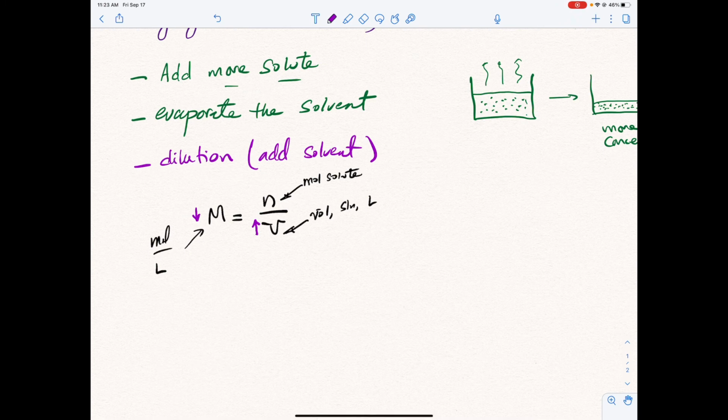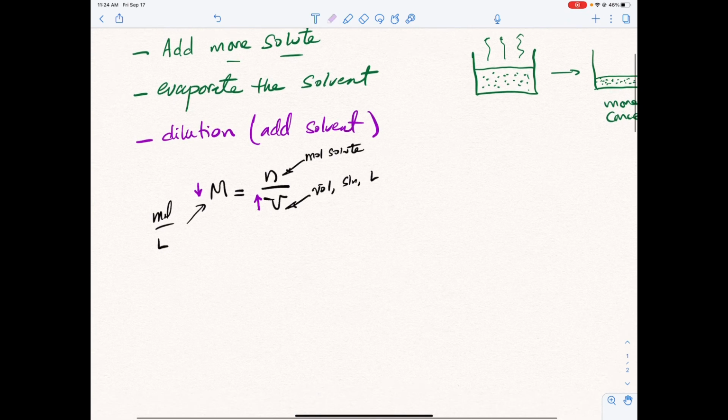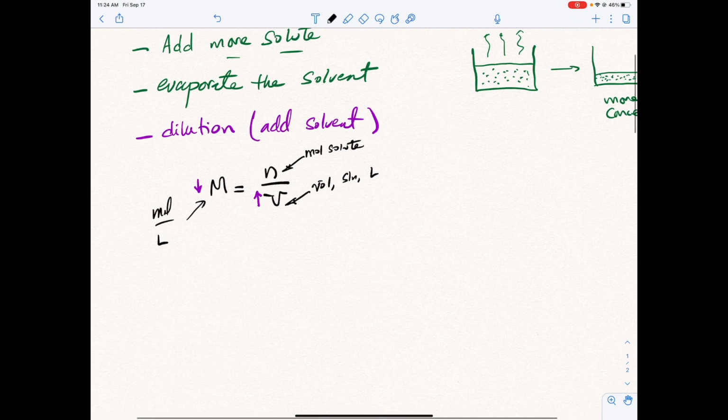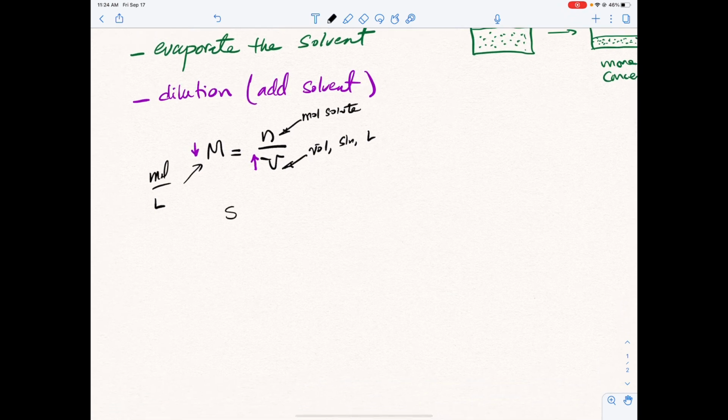So this is the process that we call dilution, and dilution is used to start with a more concentrated solution, and you prepare a more dilute or less concentrated solution. The more concentrated solution is called stock solution.